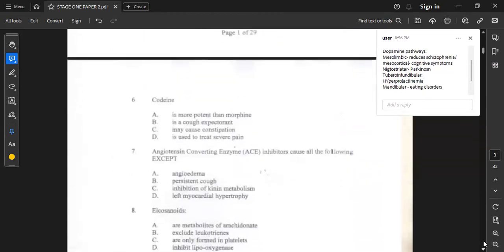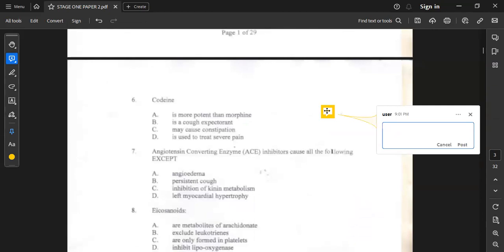Codeine is more potent than morphine, is a cough expectorant, may cause constipation, and is used to treat severe pain. Constipation.